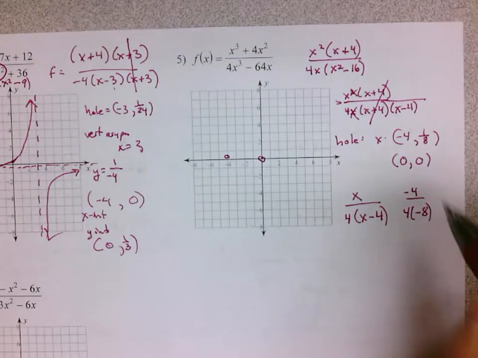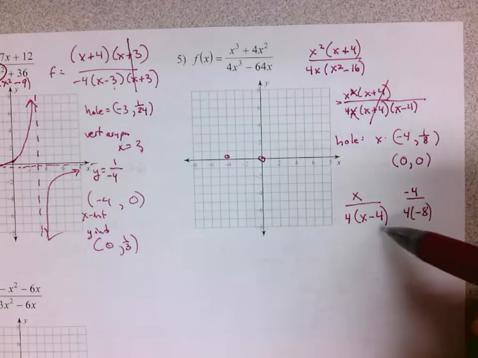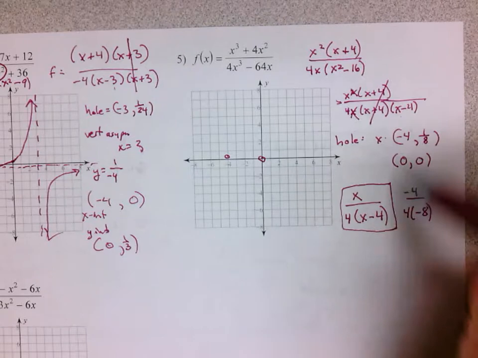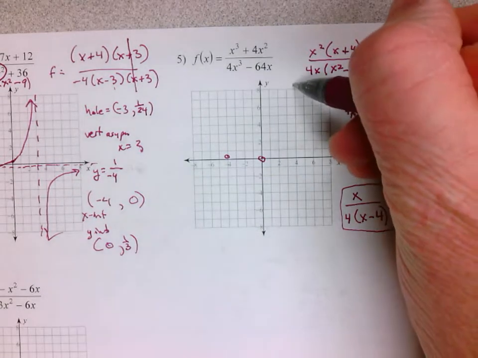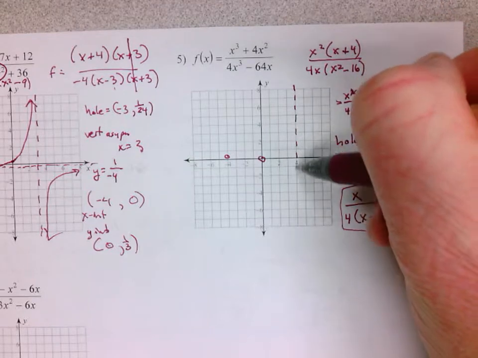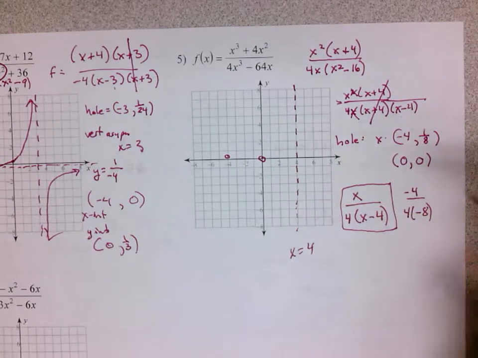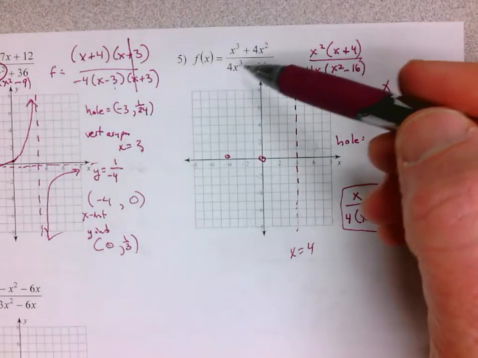Now let's find the vertical asymptote. Go back to wherever your factored form was. So vertical asymptote is at x equals 4. Horizontal asymptote, go to the original function.